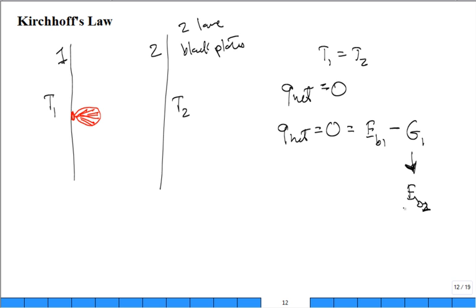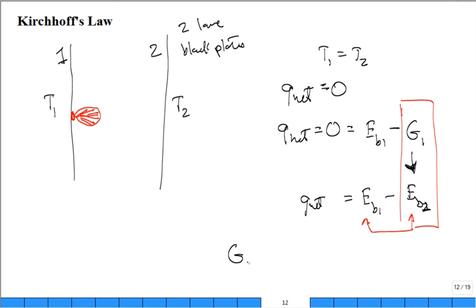Isn't what comes off of 2 equal to the incident on 1? So what you have is EB1 minus EB2 is equal to Q net. When T1 is equal to T2, we know Q net has to be 0, and we know then EB1 is equal to EB2. But one of the biggest conclusions is, right here, that the incoming on surface 1 is EB2 when both surfaces are black.